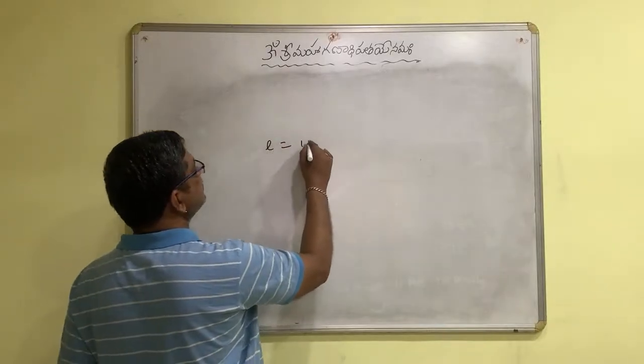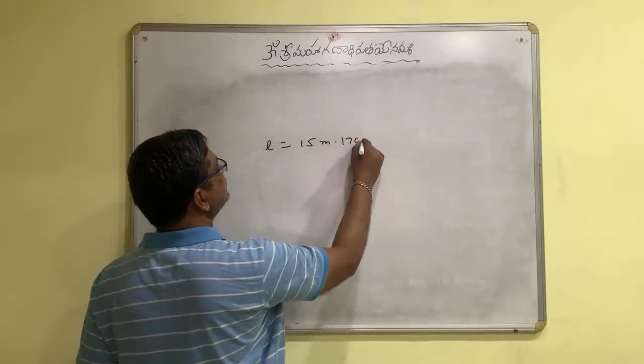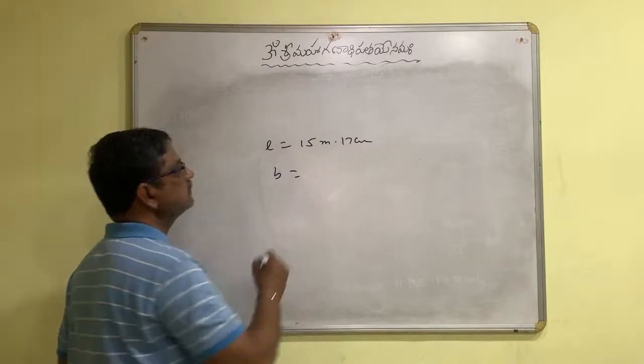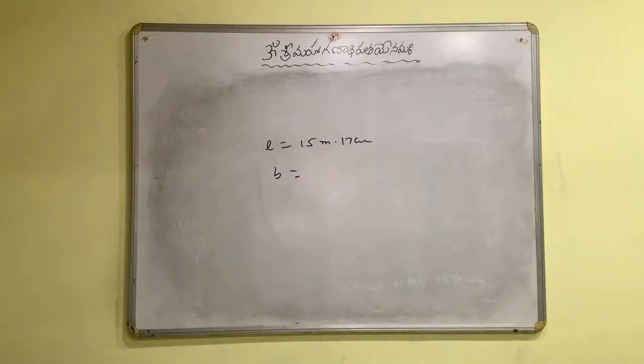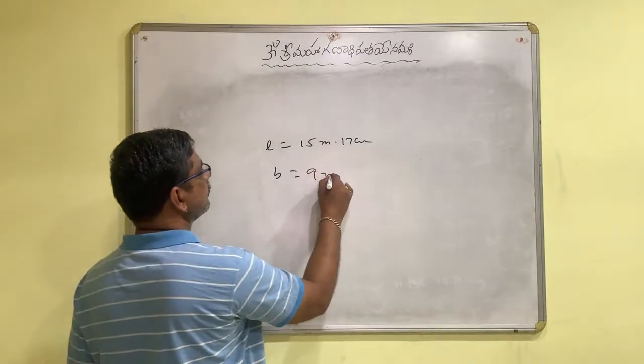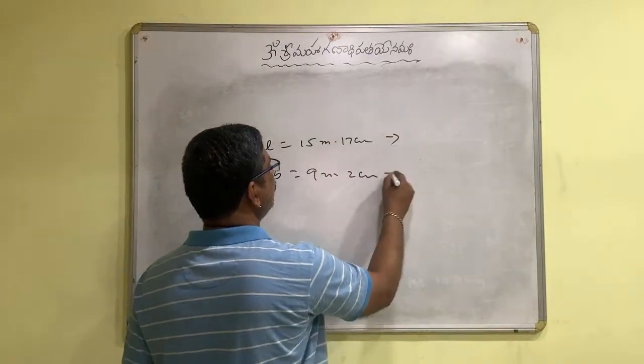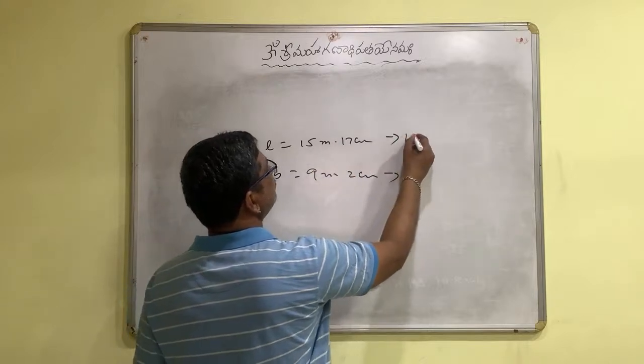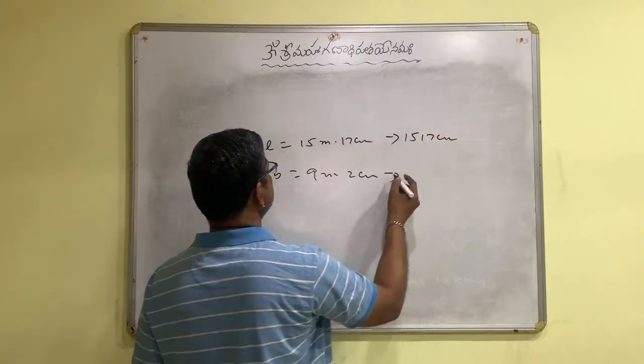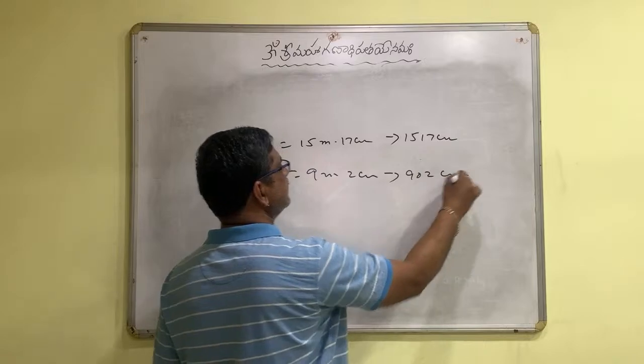So find out the LCM. Length is 15 meters 17 centimeters, breadth is 9 meters 2 centimeters. So convert both into centimeters: 1517 centimeters and 902 centimeters.